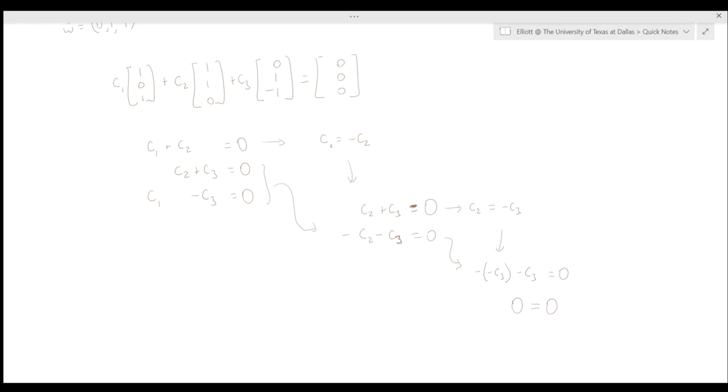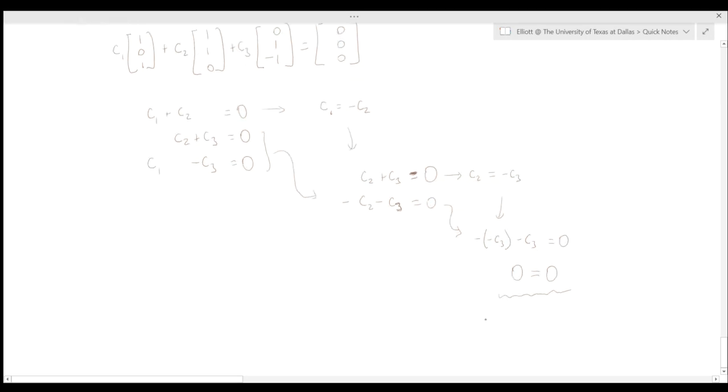Normally when you're solving a system of equations, you expect to get a definite answer in the end: C1 equals some number, C2 equals some number, and so forth. If you haven't seen this situation before, you're going to see it a lot in this class. Anytime you get 0 equals 0 when you solve a system of equations, that's an indication that there's more than one solution to the system.